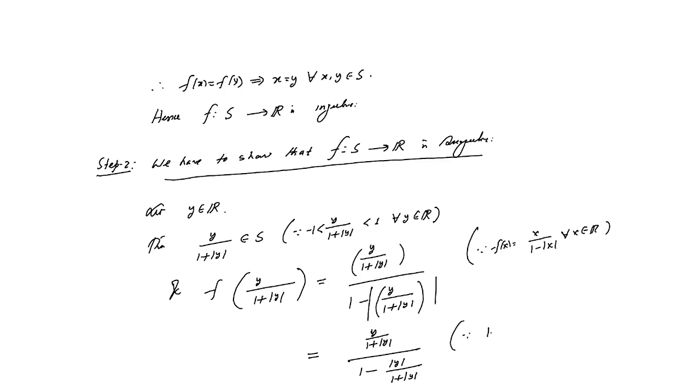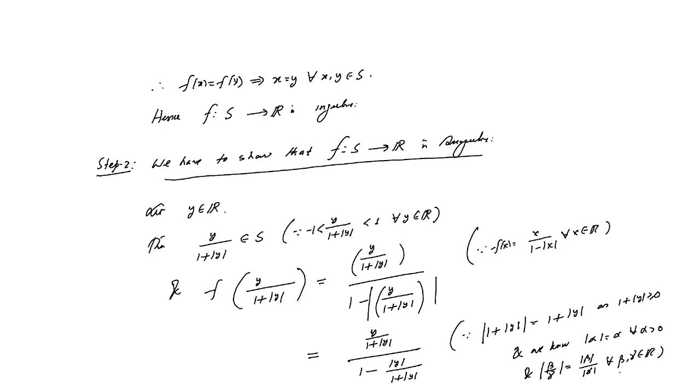Why? Since 1 plus mod y, that mod will be 1 plus mod y, as this quantity is greater than or equal to 0. And we know mod alpha equals alpha for all alpha greater than 0. And also we know mod of beta by gamma equals mod beta by mod gamma for all beta, gamma belongs to real numbers.